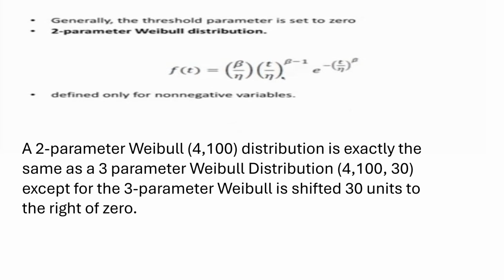That is, if the threshold is 30, the entire scale of the distribution is shifted so that it coincides with 0, thereby having no value for the threshold, which converts to the 2-parameter Weibull distribution.